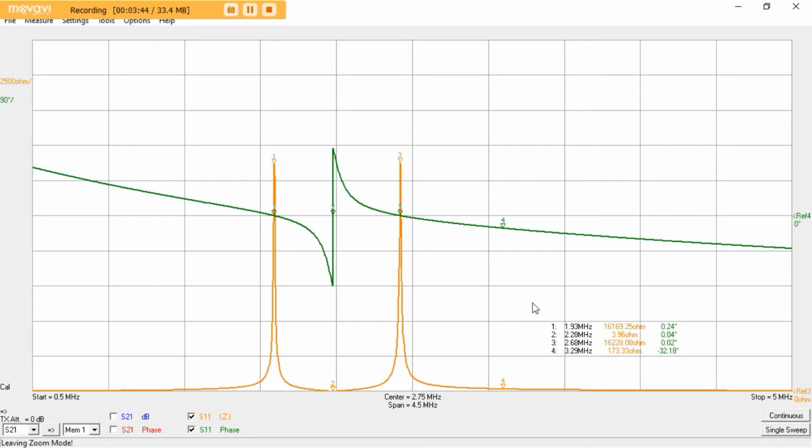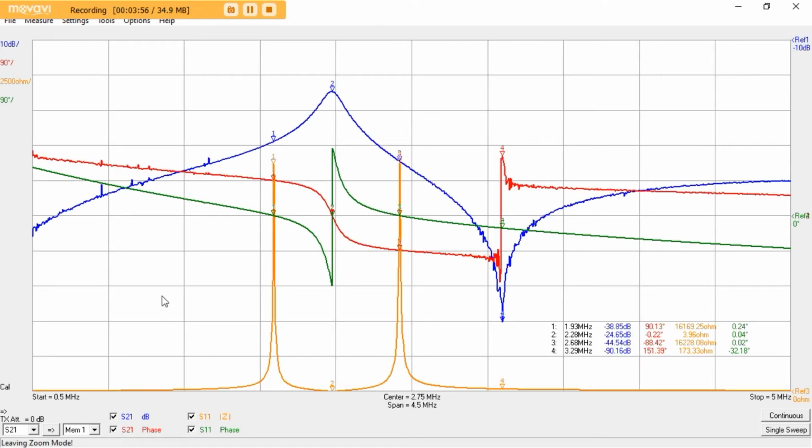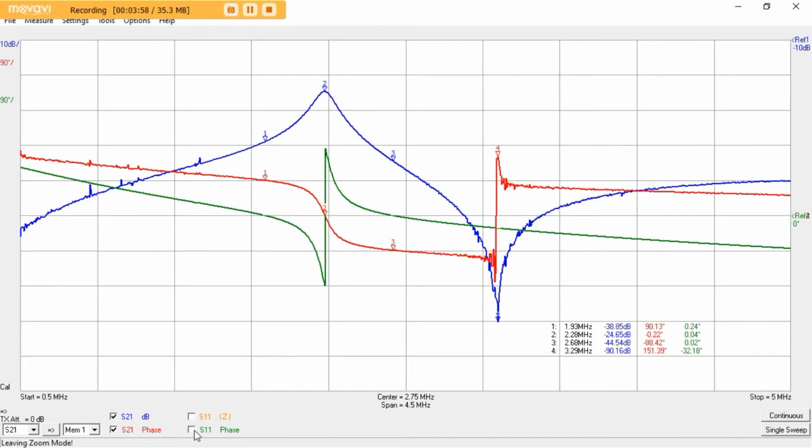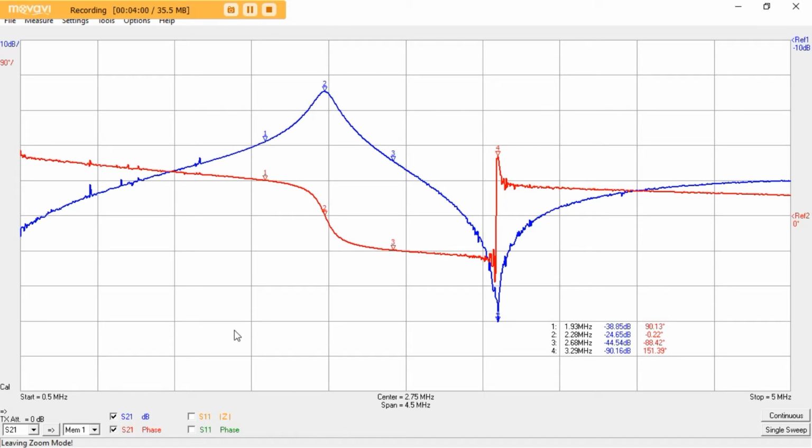So this is a very typical Z11 characteristic for this form of Tesla coil. Now let's have a look at the transmission gain. First of all, let me take away the impedance.